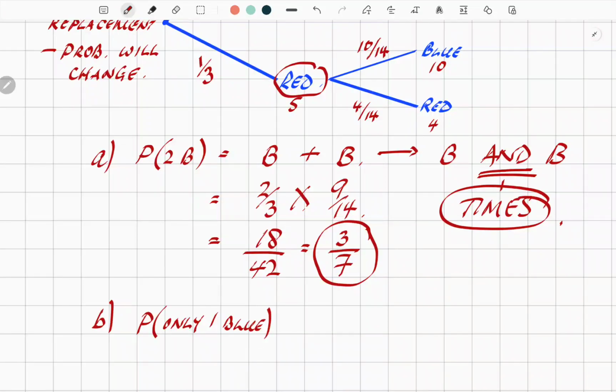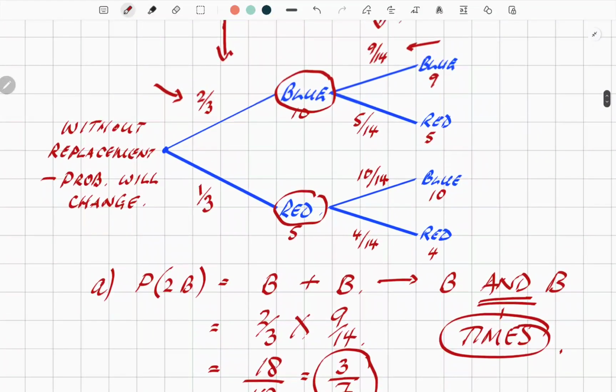Now, this time, I'll write a bit differently. The ways that we can get only one blue is, and let me just change this, we can go with a blue first and then a red, or we can go with a red first and then a blue.